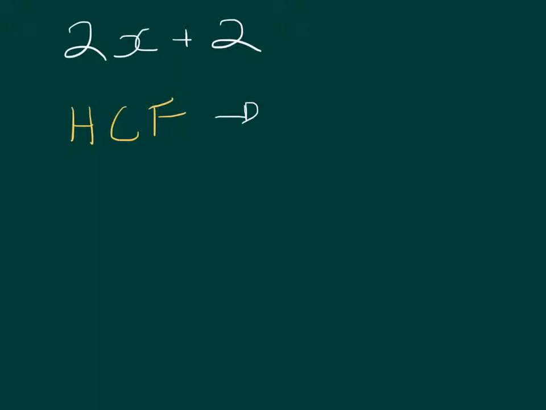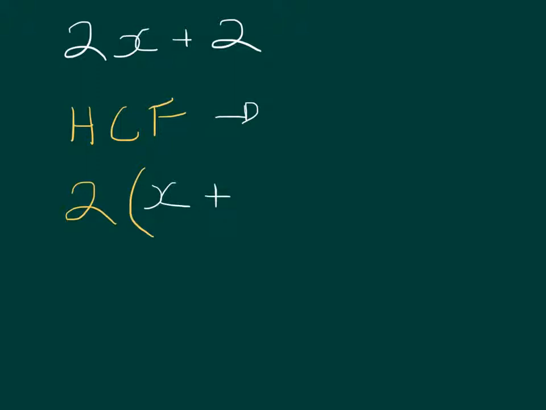So in this case, we can clearly see that 2 is in the first term and 2 is in the second term. So we factorize, or we take it out as a common factor. I take it out and I put it in front of my bracket. So now if this 2 disappears or I factorize it out, all I'm left with is an x.